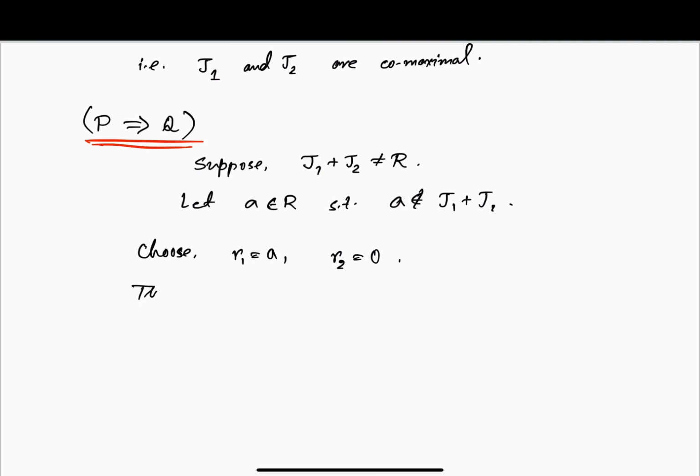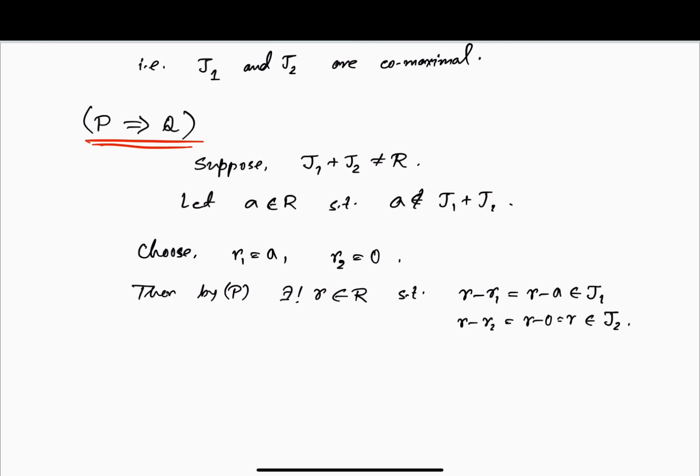Then by P there exists a unique R in R such that R minus R1, which is basically R minus A, is in J1, and R minus R2, which is R minus 0, basically R, is in J2. So R minus A is in J1 means A minus R is also in J1, and R is in J2.